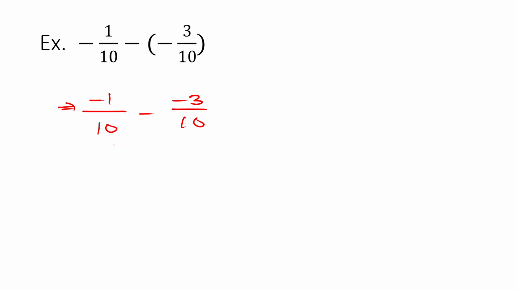And then combine the fractions, so you're going to have negative 1 minus negative 3 all over 10. Now you're going to use a subtraction rule. Negative 1 stays the same, minus becomes plus, and what is the opposite of negative 3? Positive 3.